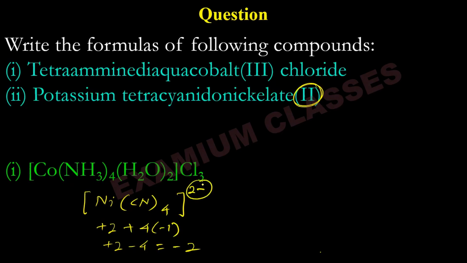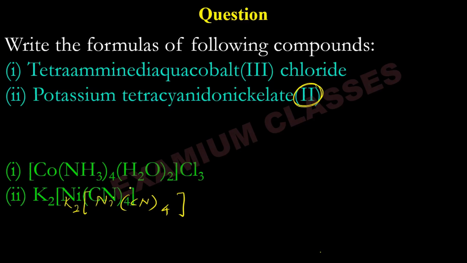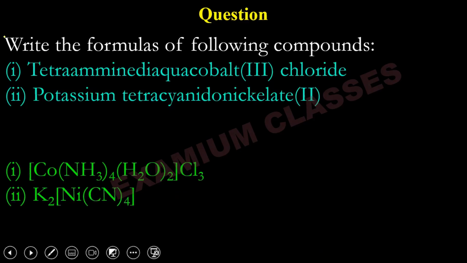For balancing the -2 charge, we should have 2 K+ here. So we will say K2. So the formula will be K2[Ni(CN)4], where [Ni(CN)4] is the anionic part. That's why 'ate' was there, 'ate' suffixed with nickel. K2[Ni(CN)4].